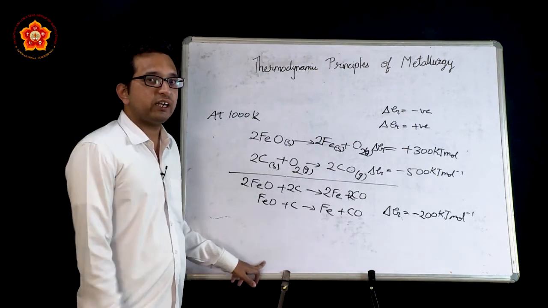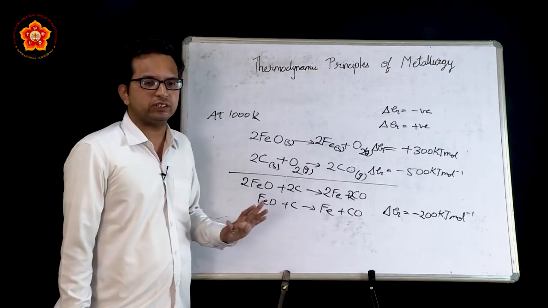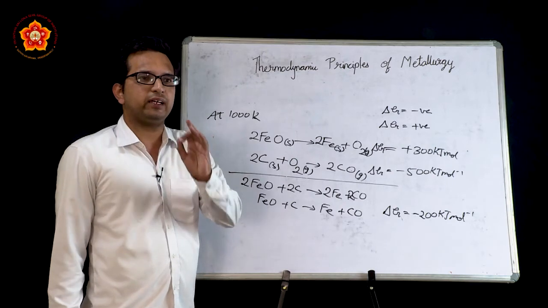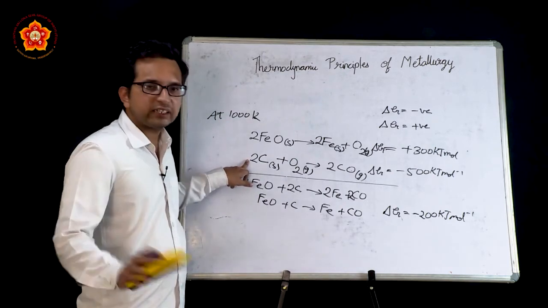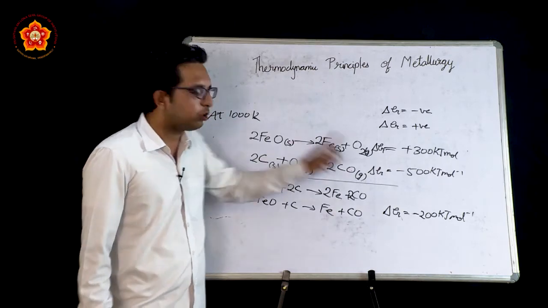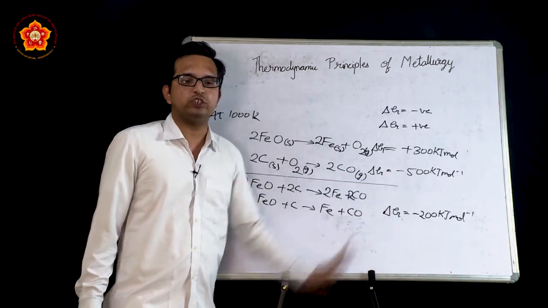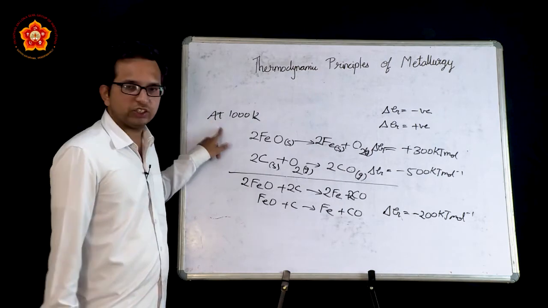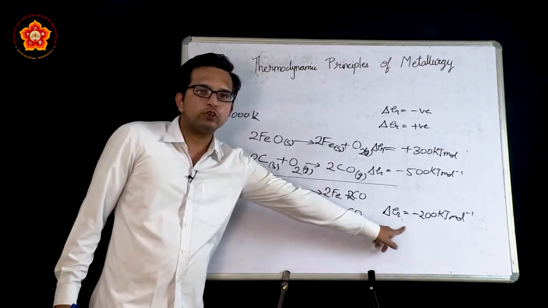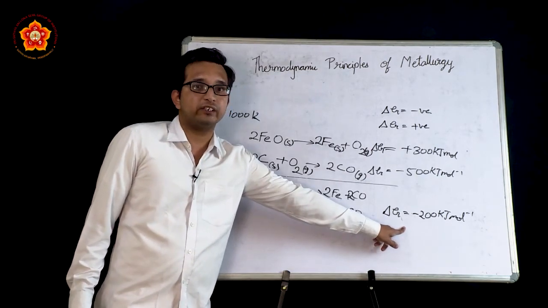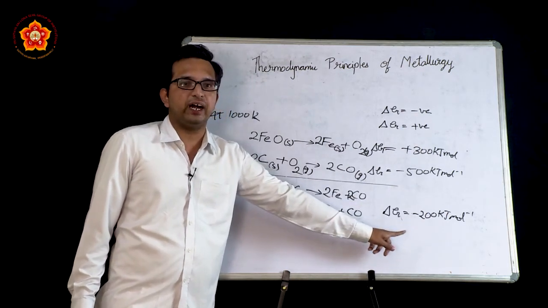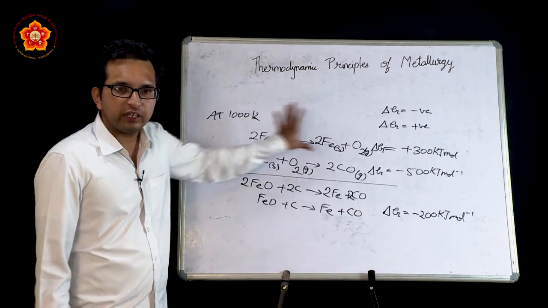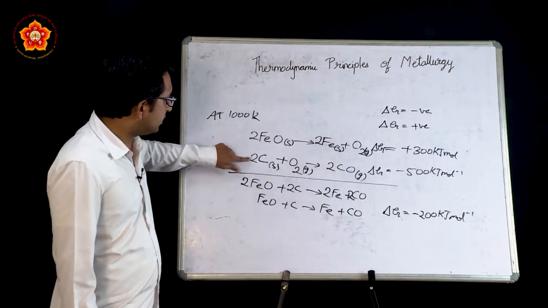So what do we understand is that at various temperatures, certain elements can act as a reducing agent. At a lower temperature, this could not act as a reducing agent because the delta G value was positive. Whereas at a higher temperature, the final delta G value that you are getting is minus 200 or so. So this negative value indicates that this reaction can be spontaneous in nature.